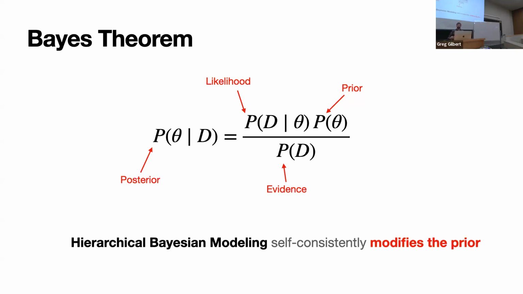So not only is information flowing from the population down to the individuals, but it's flowing from the individuals back up to the population. So if, say, you're trying to infer chemical abundances of 20 different stars, you can pool the information and the stars learn from each other, and you're able to get tighter constraints on the individuals, even in the case of noisy measurements.